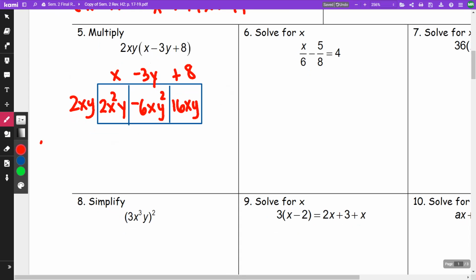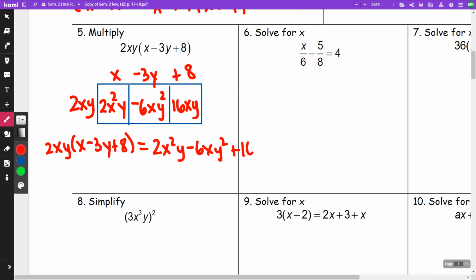So I end up having 2xy times the quantity x minus 3y plus 8, which is the area as a product, equal to the area as a sum, which is 2x squared y minus 6xy squared plus 16xy.